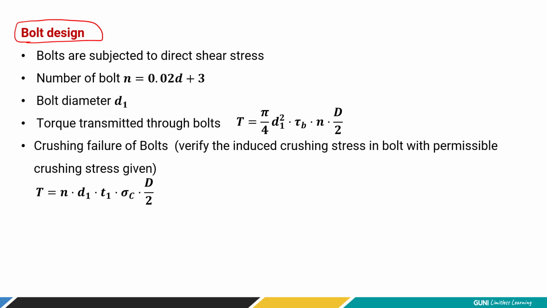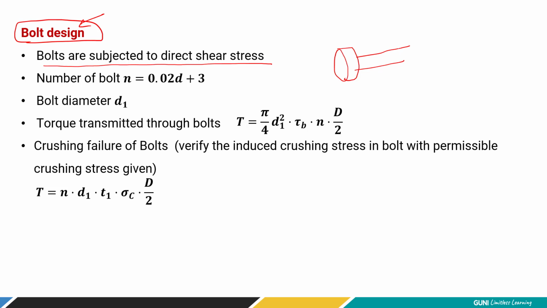Now whenever you say design, we have to think what kind of force is acting and what kind of failure is happening in the bolt. Based on that, we have the equations. In a flange coupling, bolts are subjected to direct shear stresses. Let me draw simply the head of the bolt like this, then its body.